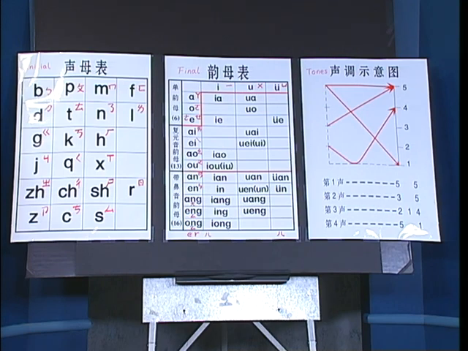So ni, hao, ma is a very simple combination of these symbols. So you grab 3 vocabularies already just by knowing these combinations, right? So it's pretty simple, and we have nice tools to help you. Okay? I'm getting to that.